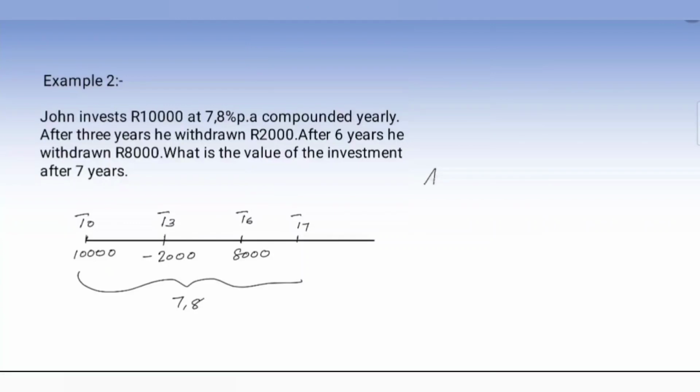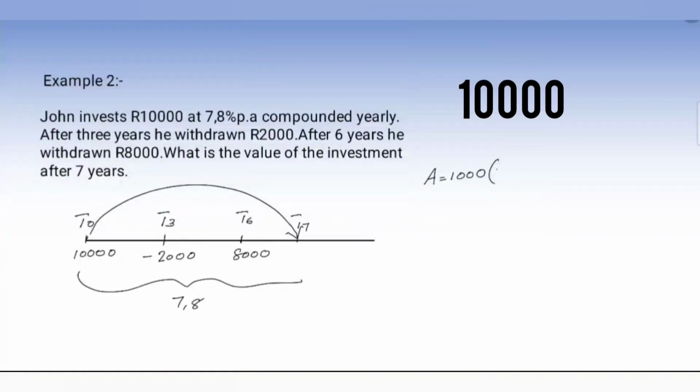This A, the final amount will be A is equal to, start with the 10,000. Actually, you are applying compound interest formula to each transactions, whether it is deposit or withdrawal. Let me start with the 10,000, first transaction. So here the P value is 10,000. Bracket 1 plus I, that is 1 plus I is what?